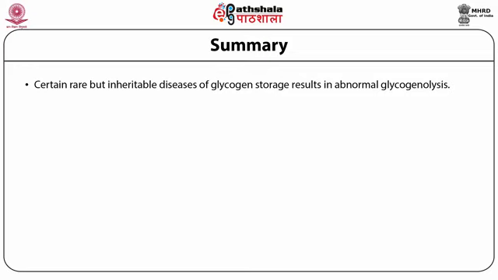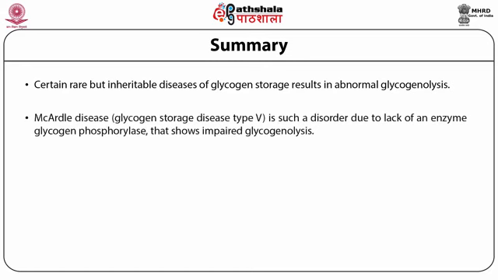Certain rare but inheritable diseases of glycogen storage result in abnormal glycogenolysis. You will get reference to these diseases within this paper of biochemistry. Certain glycogen storage diseases affect the breakdown of glycogen. McArdle disease, glycogen storage disease type 5, is such a disorder due to a lack of the enzyme glycogen phosphorylase, which shows impaired glycogenolysis.